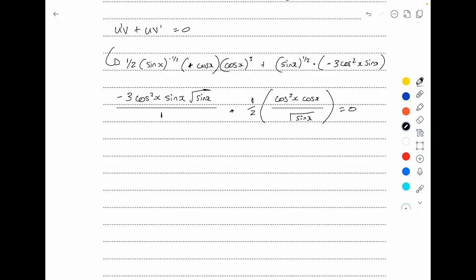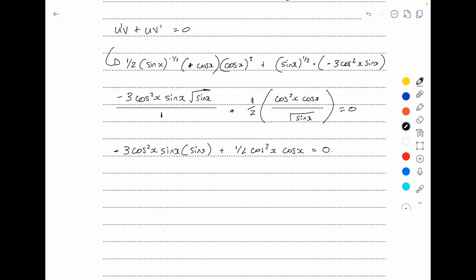We're going to drop the root, and the way we do that is we times by root sine x, and when we do that, we are left with negative 3 cos squared x sine x times sine x plus a half of cos 3x cos x equals 0.